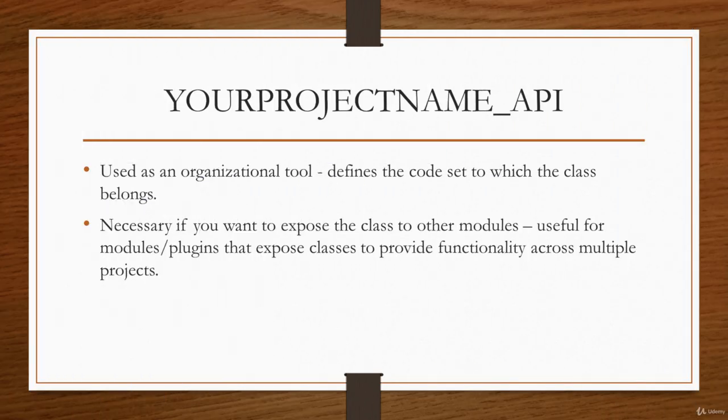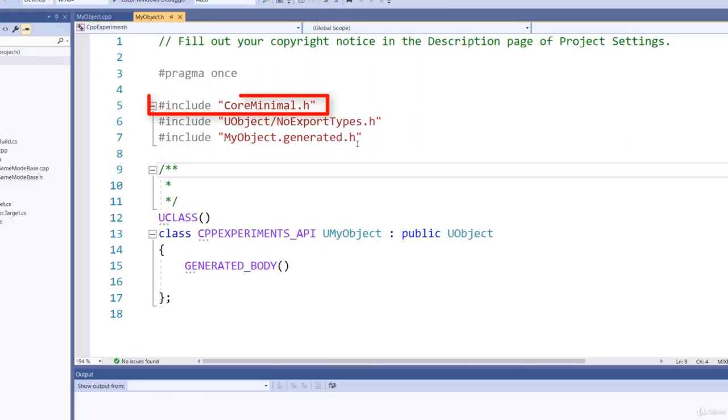It defines the code set to which your class belongs, and this is necessary if you want to expose the class to other modules or plugins that provide functionality across multiple projects. The core minimal header contains various types from Unreal Engine 4's core programming environment, FString for example, FName, TArray, and so forth. You'll become familiar with these types as we go along.